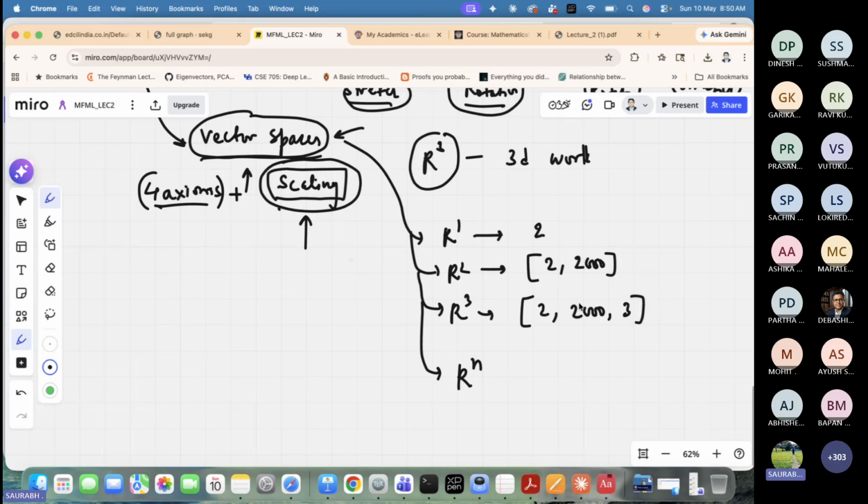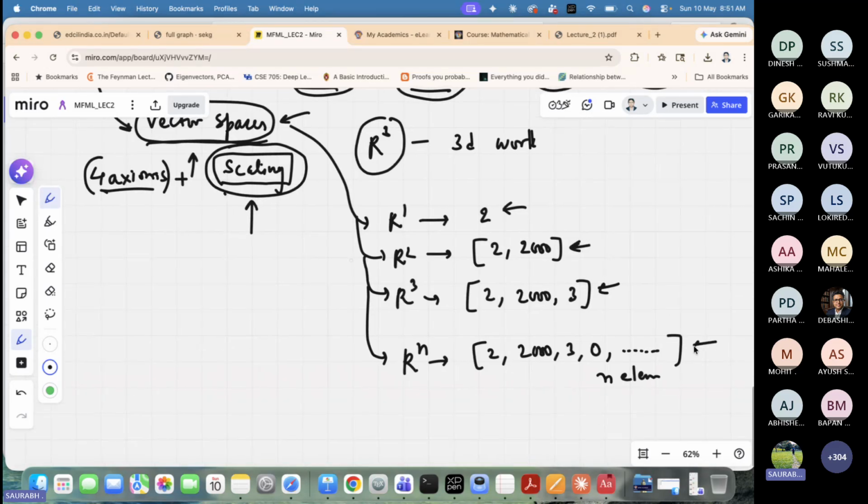Now we have three elements to it. That's why it is three-dimensional. N-dimensional would be house price 2, 2000 square feet, 3 bedrooms, and so on. There are n elements to it. So this is a one-dimensional vector, which is a scalar, then a two-dimensional vector, a three-dimensional vector, an n-dimensional vector.